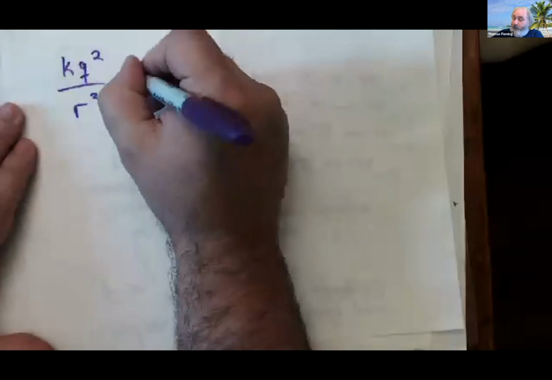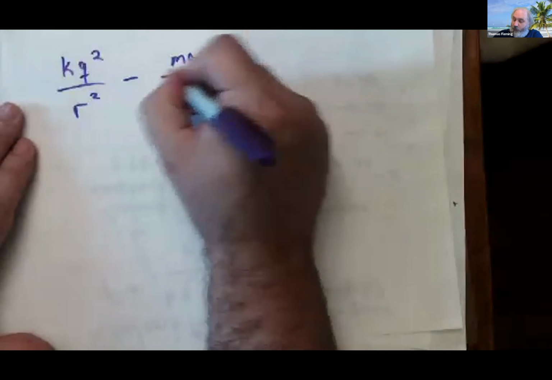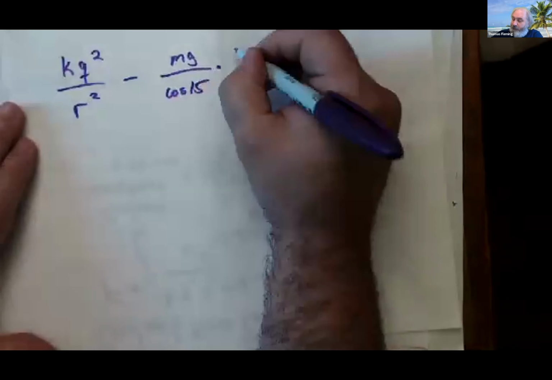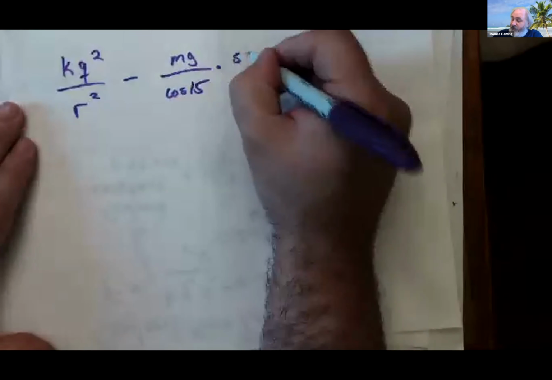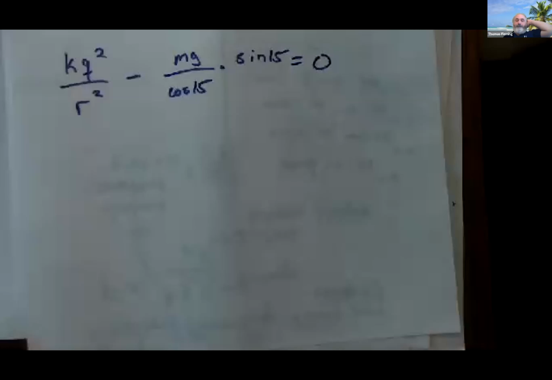So now my equation is kQ squared over R squared minus, and I've got T, which is mg over cosine 15, times the sine of 15, equals 0.